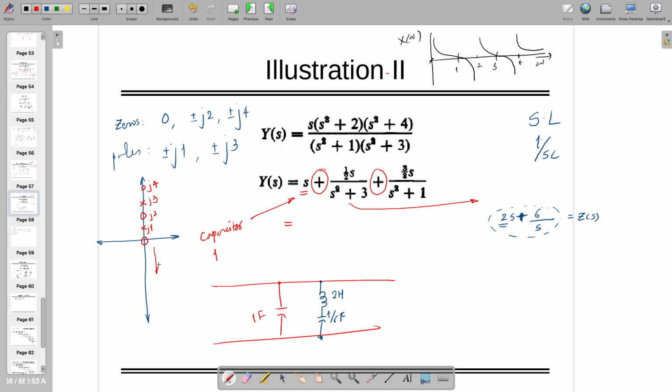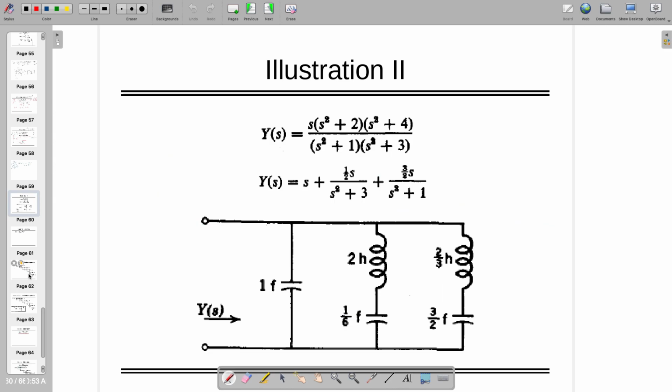If it is not that, then this function cannot be realized with any technique of LC. Those techniques are Foster 1, Foster 2, Cauer 1, Cauer 2. So that is the meaning of this. You have to check all the functions.